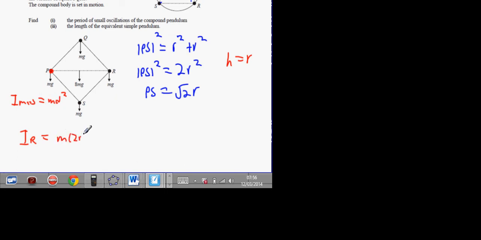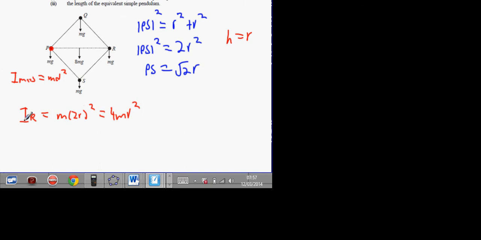For q, this is where your root 2r comes in, because q is root 2r away from the pivot point. Its moment is distance r away, but with regards to inertia, it's still a distance root 2r away from the pivot point. So its actual distance only comes in when you're doing the inertia.